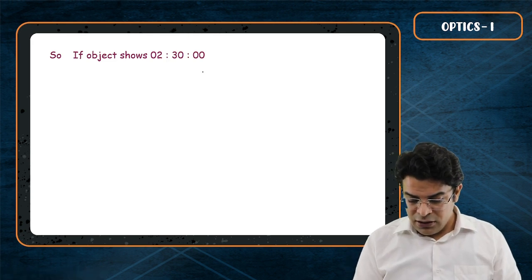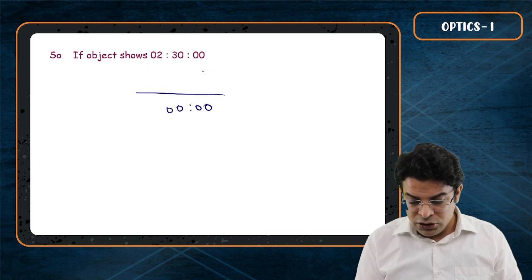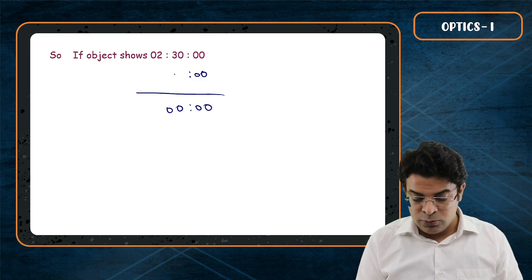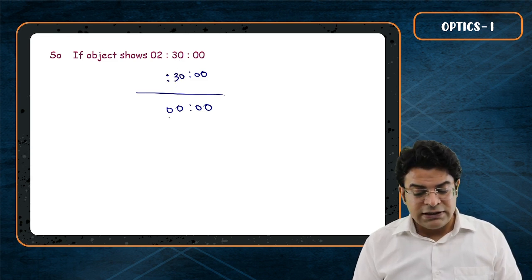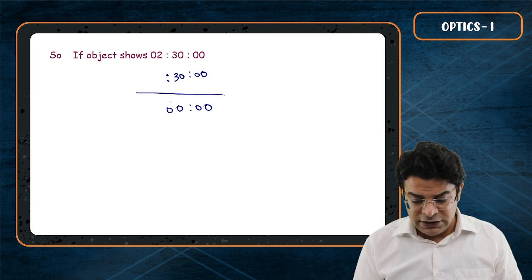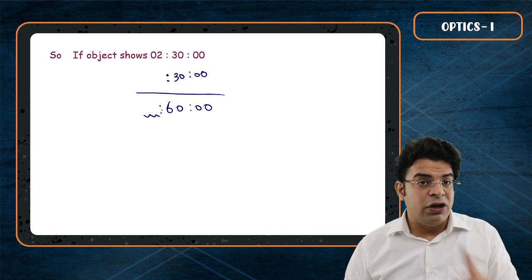If the object clock shows us 2:30, what will the image clock show us? So sir, the final answer has to be 00:00. So as to get 00, here you should add 30 minutes more. So when you add 30 minutes more, you have got 30 plus 30, 60. But here the remaining part should be 11, not 12.